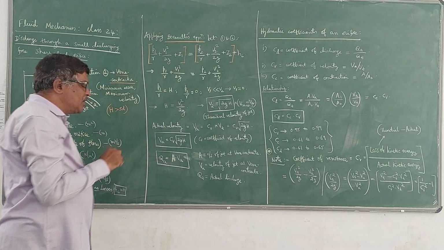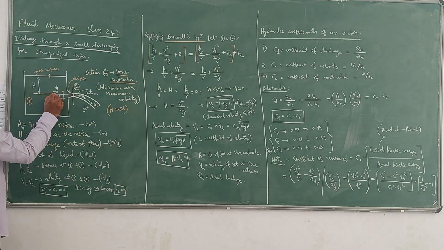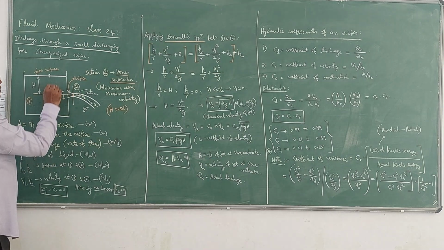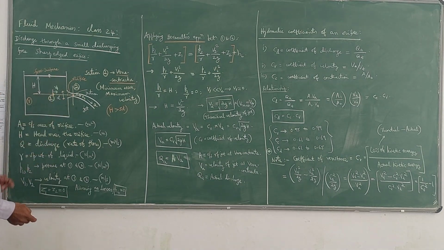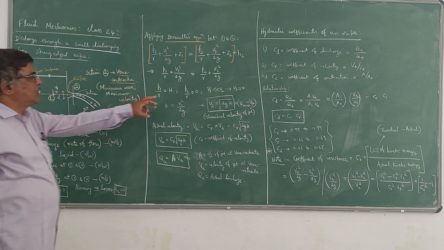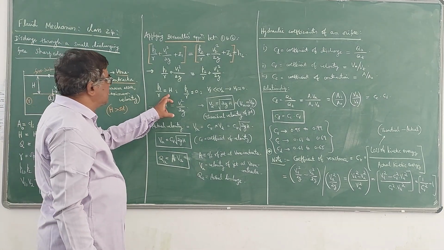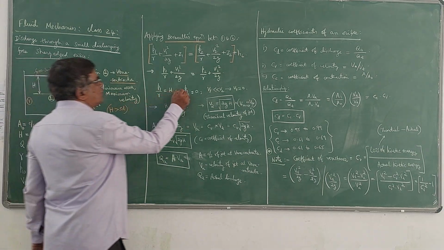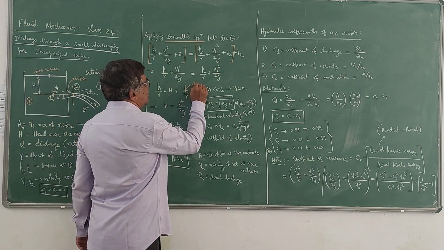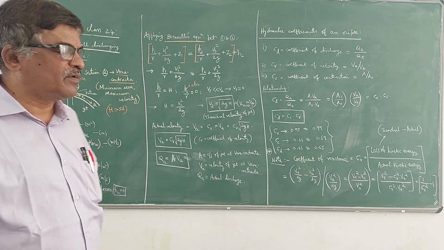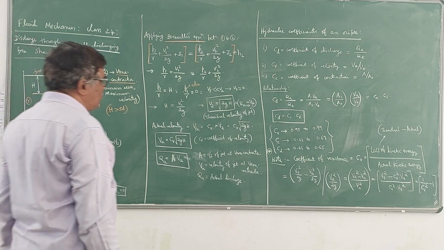Then from the diagram you can see that the pressure head at 1, P1 by gamma, will be equal to H, because pressure head is nothing but the vertical distance of that point from the free surface. So P1 by gamma is capital H. P2 by gamma is taken as 0 because it is atmospheric. When writing gauge pressure, atmospheric pressure is taken as a reference, therefore it is taken as 0.